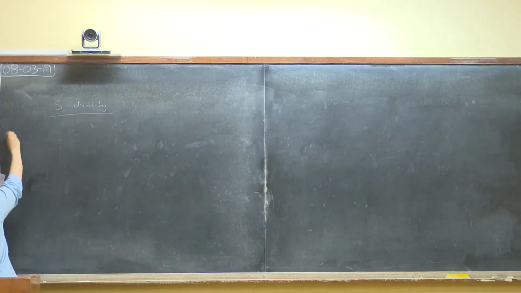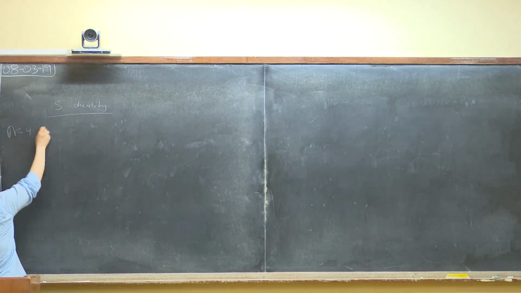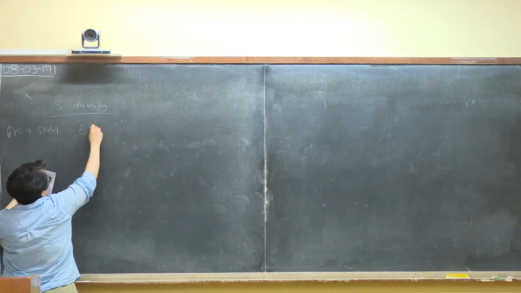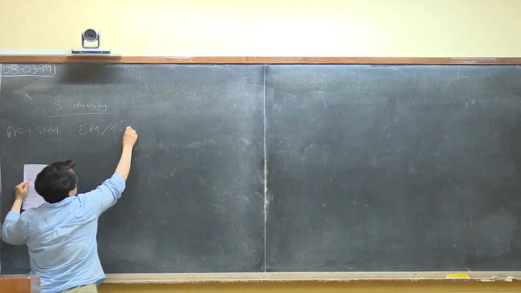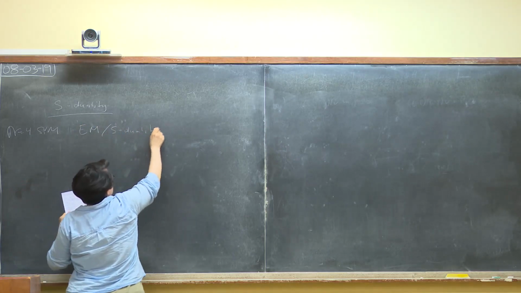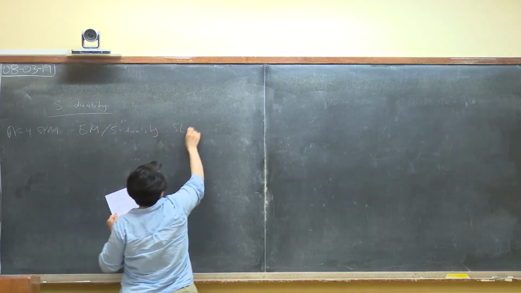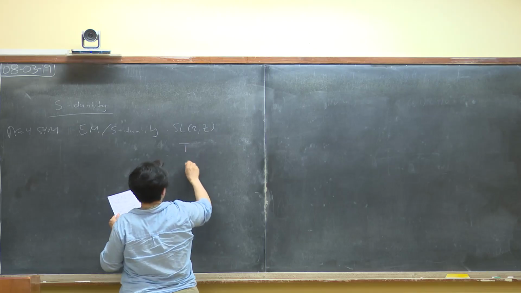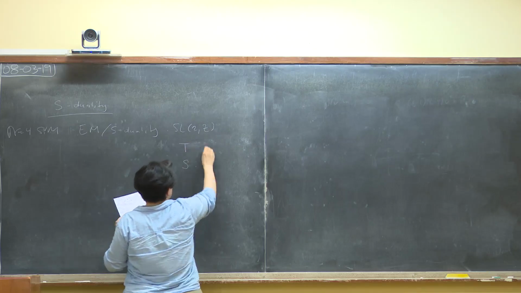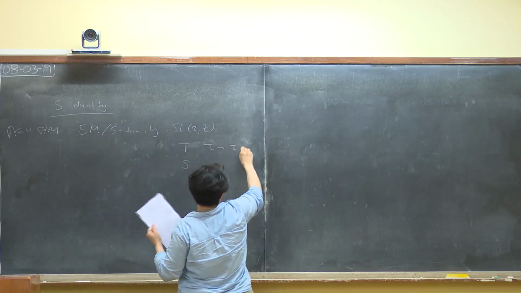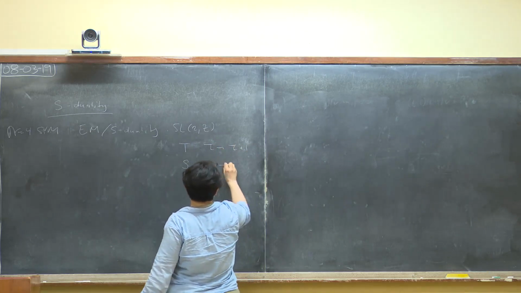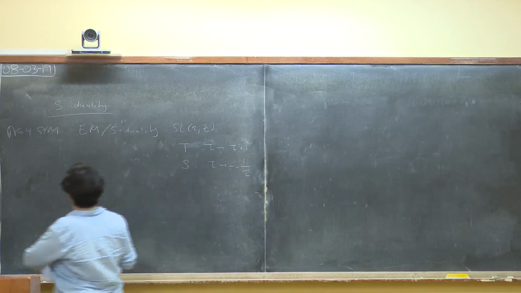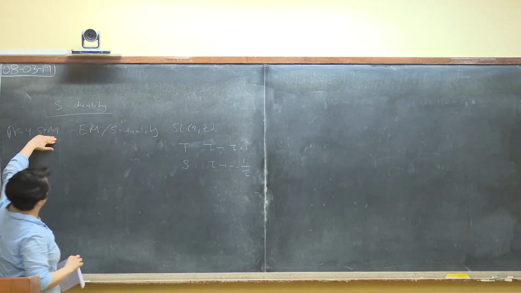So the statement is that N equal to 4 enjoys electromagnetic duality. And we have this group SL(2,Z) that is generated by a T and an S transformation. T sends tau to tau plus 1, and S sends tau to minus 1 over tau. So there is this symmetry.